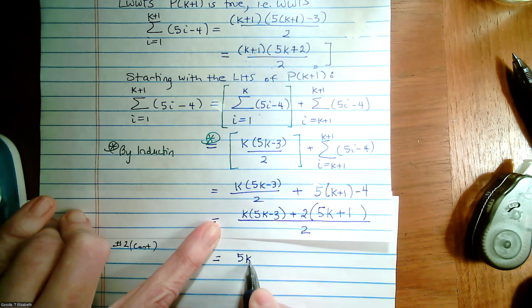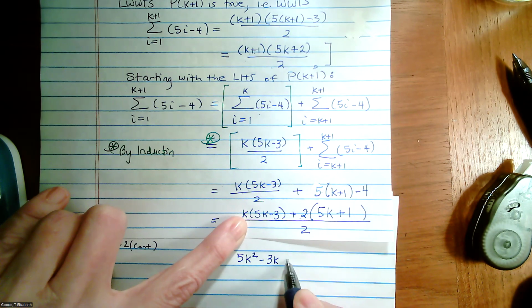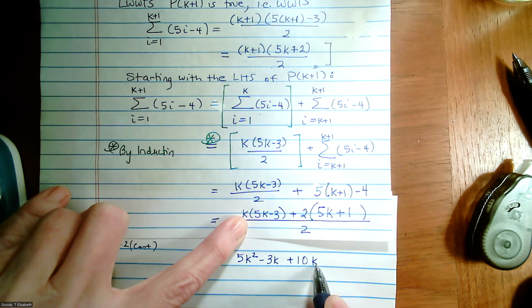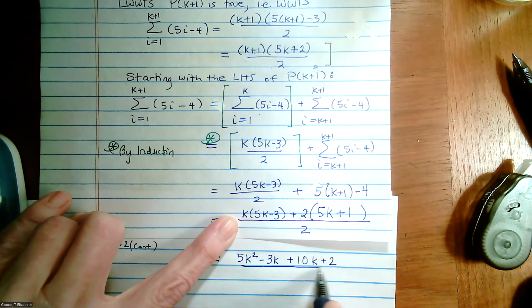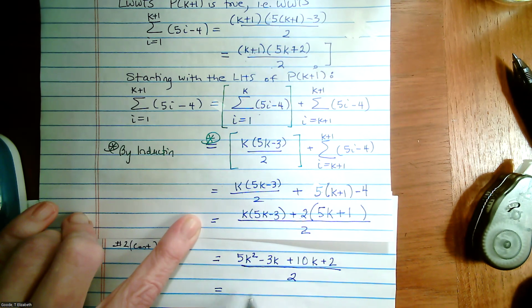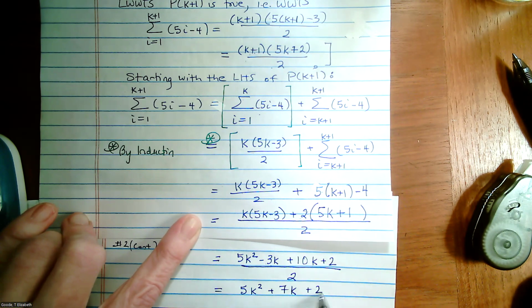So we have to actually say, okay, this is 5k squared minus 3k, plus 10k plus 2. And now we're going to rearrange these, or at least combine like terms. So we've got a grand total of plus 7k in the middle. Plus 7k plus 2.